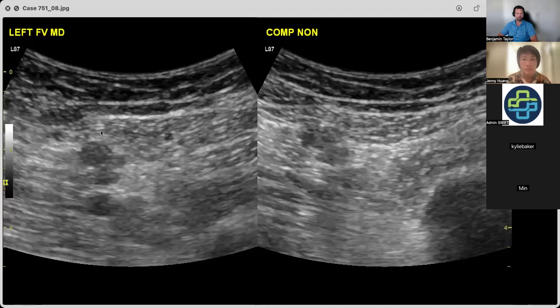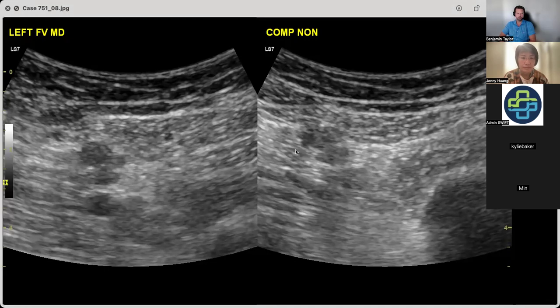Often the most sensitive sign is when somebody's written something at the top saying they couldn't compress it, because it's a bit hard to see on here. You would probably have got better pictures with the linear probe. I will often use the abdominal probe if there's a big leg, but here we're saying there's non-compression.